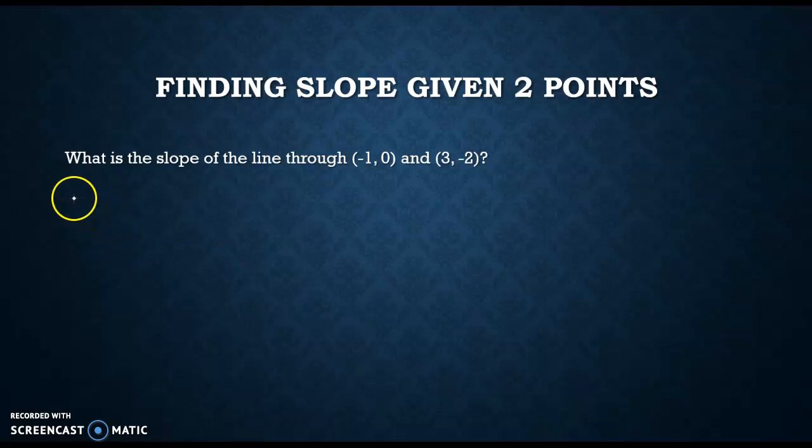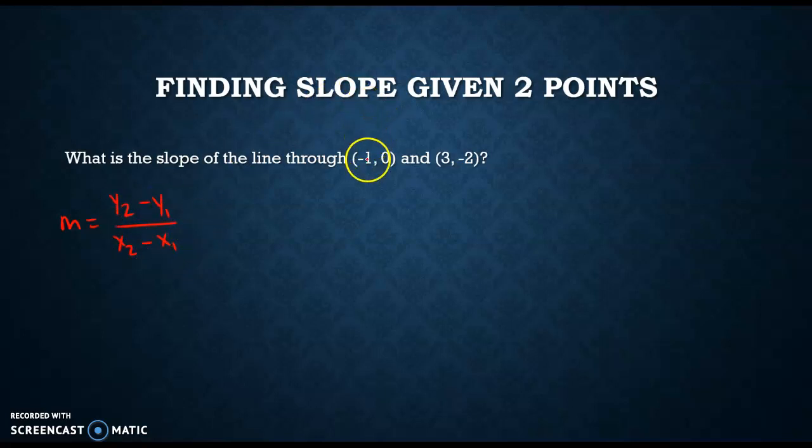So what we need first is our slope formula, which is m equals y sub 2 minus y sub 1 over x sub 2 minus x sub 1. Now, the 2 and 1 just represent the point.